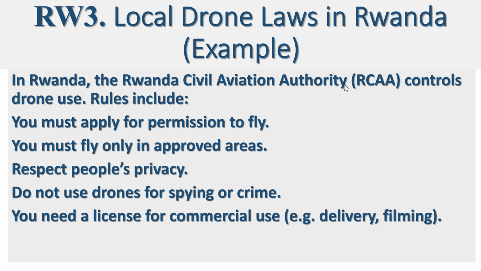Thirdly, respect people's privacy. Fourth, do not use drones for spying or crime, especially in political situations. Keep that in mind. Lastly, you need a license for commercial use, for example delivery or filming.